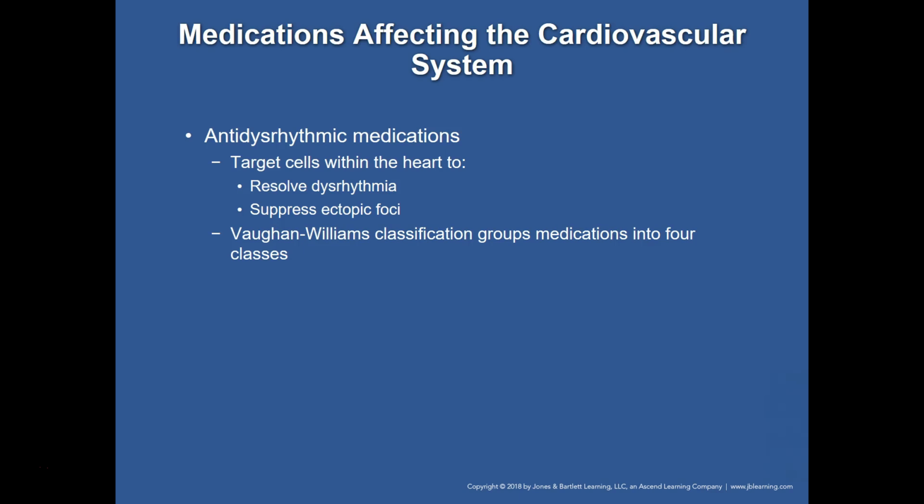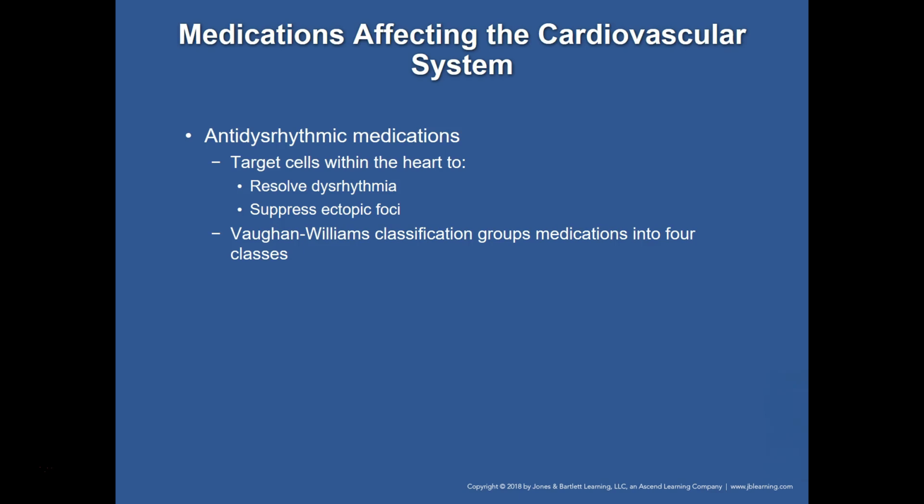Antidysrhythmic medications, when we get into the cardiovascular system, target cells within the heart. What we do is try to target those cells within the heart to resolve the dysrhythmia, or at least suppress the irritable site, the ectopic focal site.